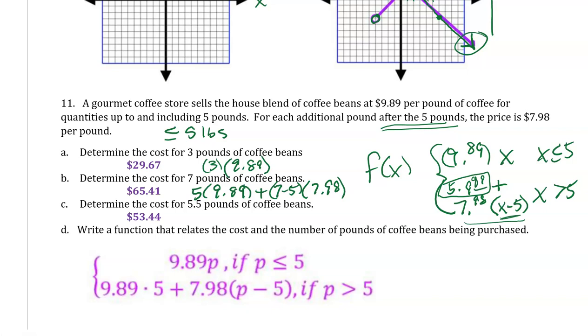If you want to check it with your calculator, 9.89 times 5 equals 49.45, plus parentheses 2 times 7.98, and that gives us 65.41.